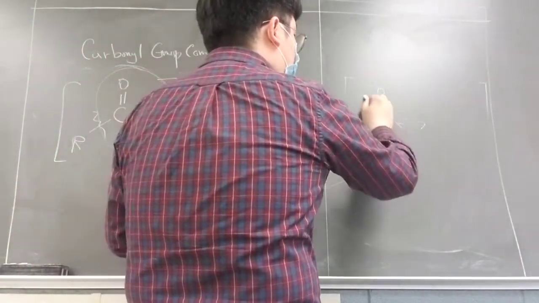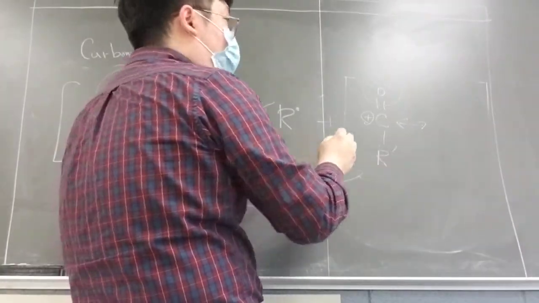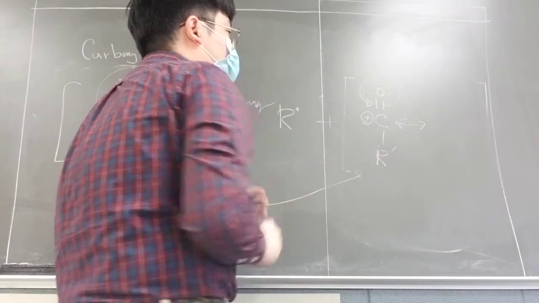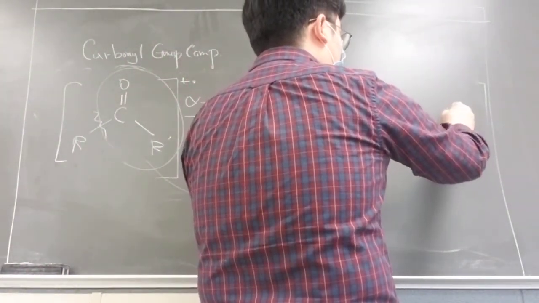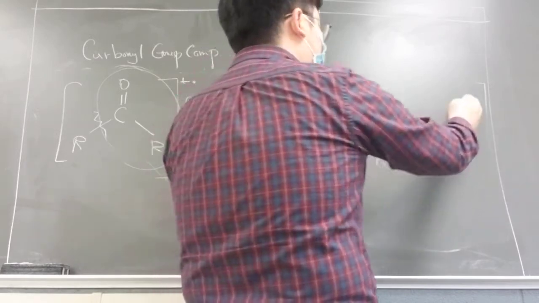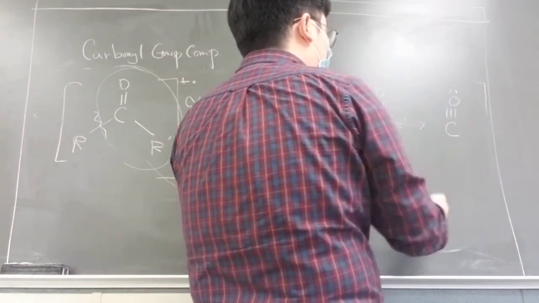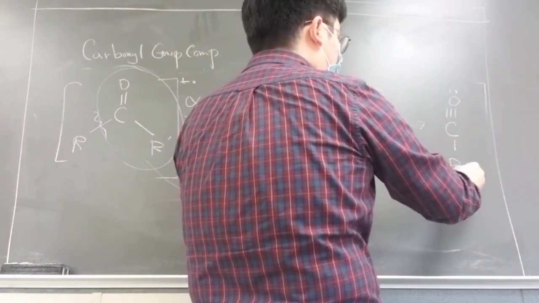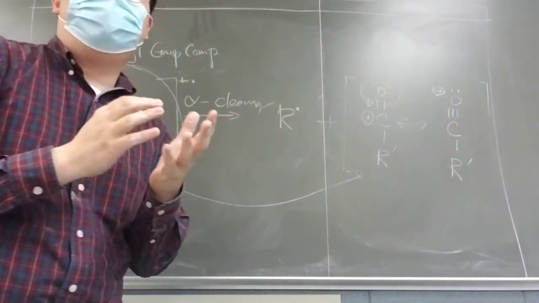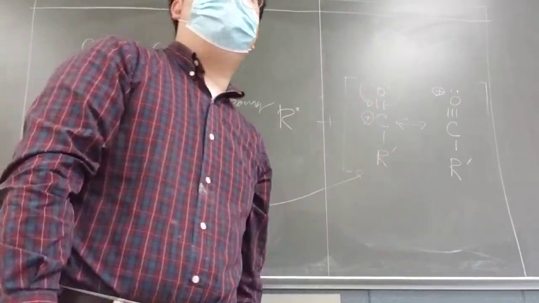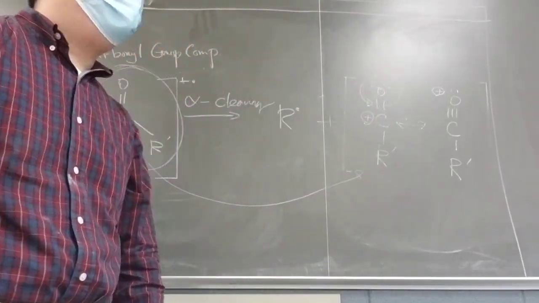So this one can also make a resonance structure. So now you're going to have a triple bond between these two, and then you're going to have this over here. So once again, the positive charge is shifted to where you can find the oxygen.